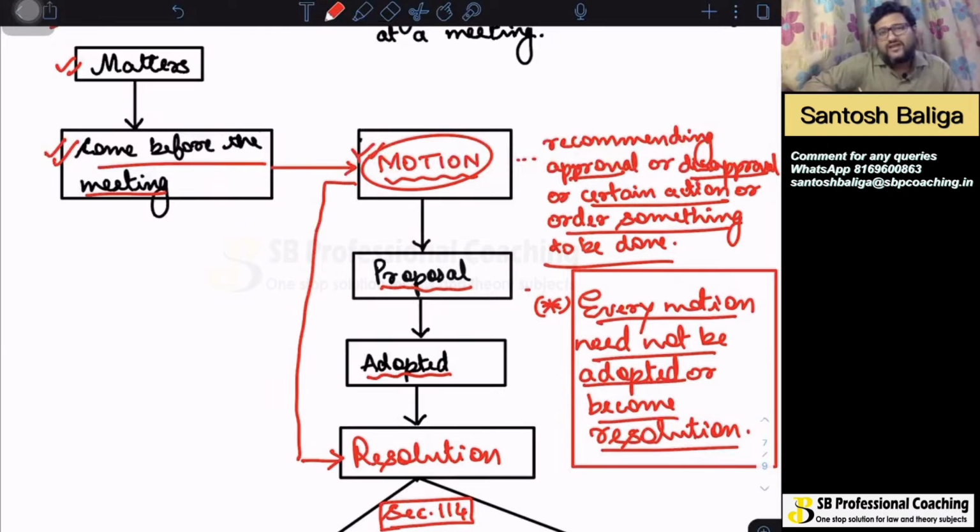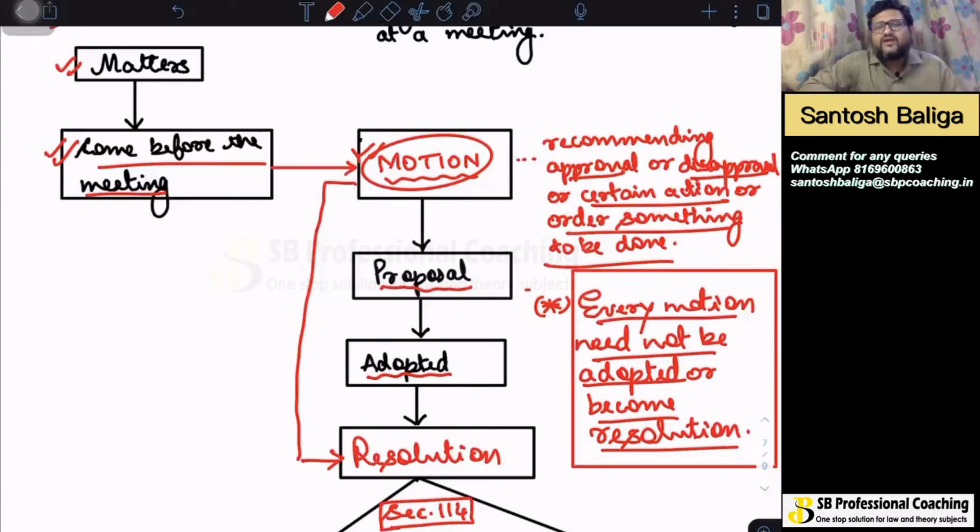I hope it is. Let's move on to the next part, which is resolution types. Types of resolutions. As I said, there are two major types of resolutions. One is ordinary resolution and the other is special resolution. Now we have done one topic in section 102, which was about ordinary business and special business.